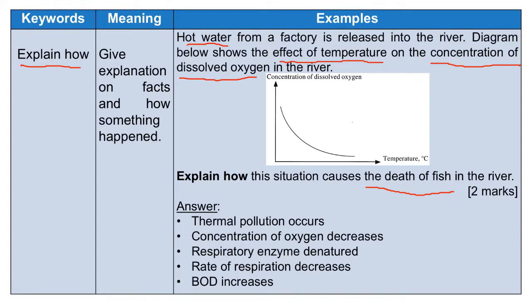Y-axis shows concentration of dissolved oxygen. Then, relate the effects of hot water from the factory which is released into the river with the situation above.